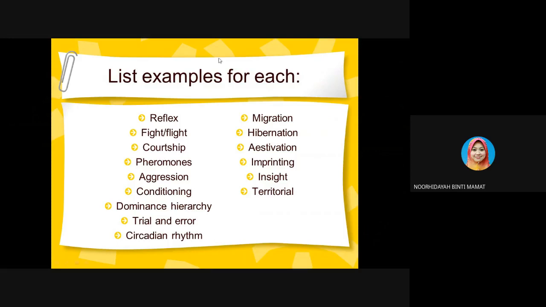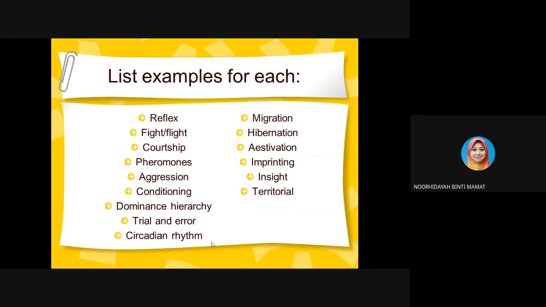So what is a reflex? What is an example of a reflex? Okay, maybe you just pull your hand away after you touch a hot pot. And what are examples of pheromones? Okay, aggression, for example, the lion wants to protect its territory. Trial and error, like how the animals try to take food or try to fish for food.